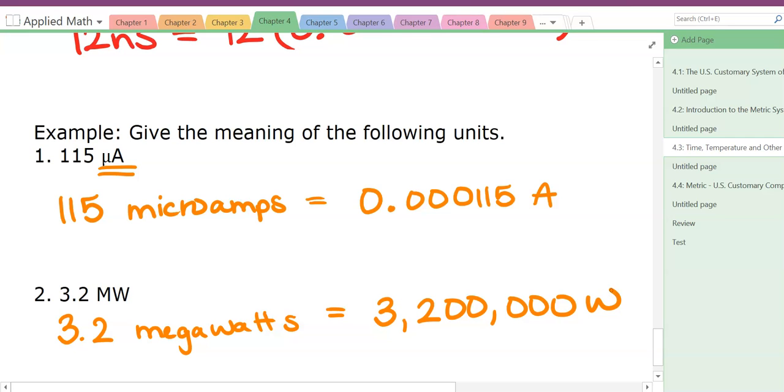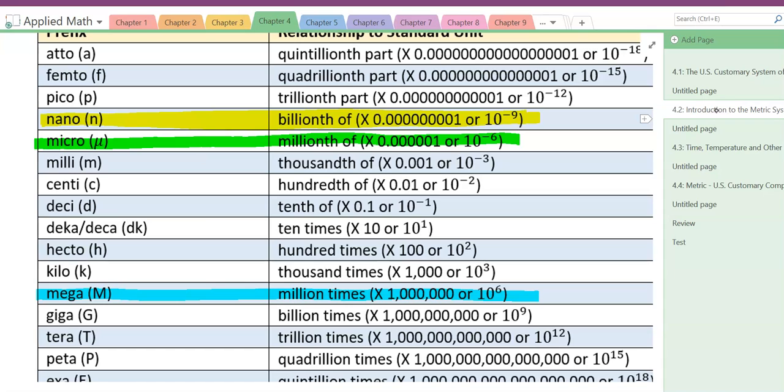So it's just showing you how you're converting from a prefix with one of those useful measures that we talked about, and then going back to the standard base unit. So just going to a watt or an ohm or a hertz or something like that. Like I said, this chart is in your notes for section 2. So you may have to go back to this to see what you're multiplying by.